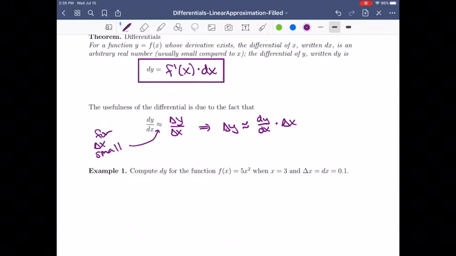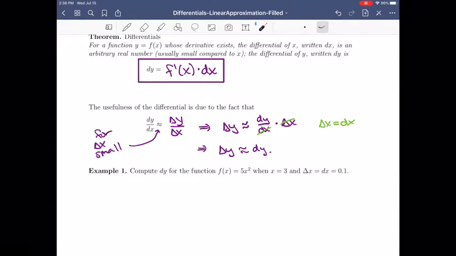But delta x is actually equal to dx, so these things cancel, which means that delta y is approximately dy. This is convincing us that our approximate change of y, dy, is a good representative for delta y.